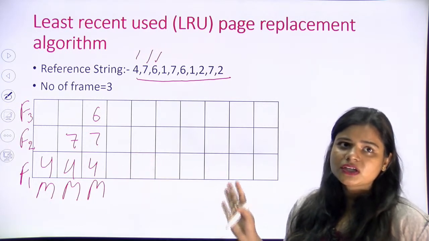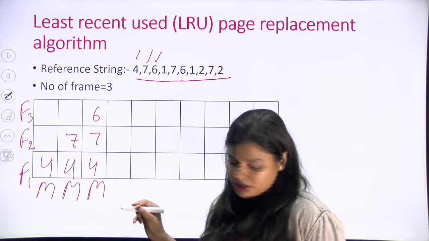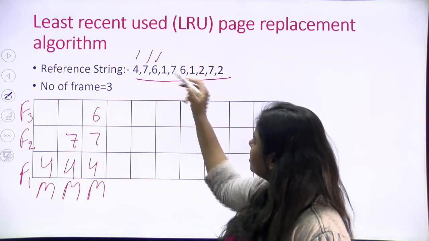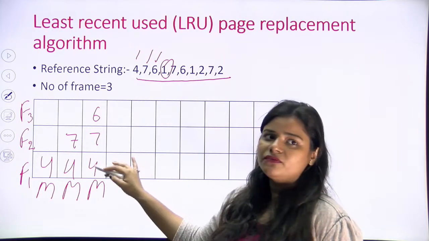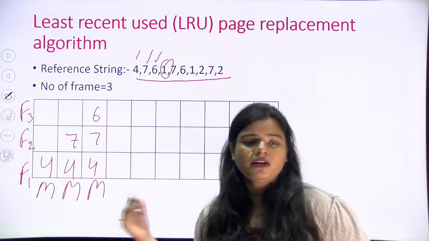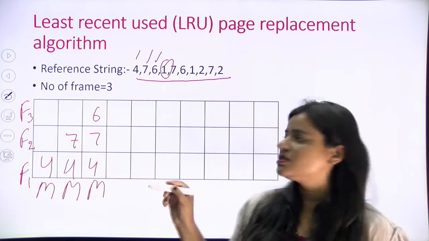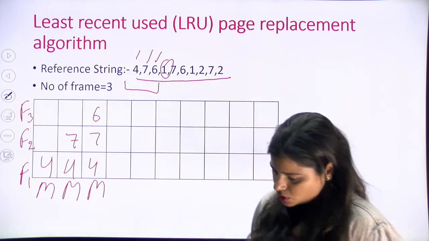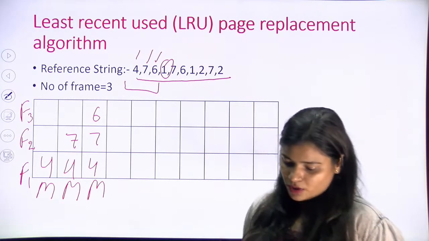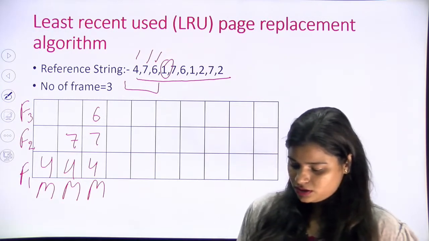So here we are using least recent used page replacement. For 1 we have to put it in, and we are having 4, 7 and 6, so which will we remove? Because LRU says we will look at the past. Here I want your response too. I just want to know whether you are able to understand this concept or not.